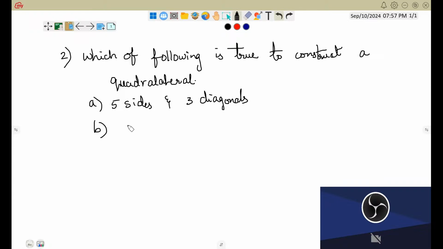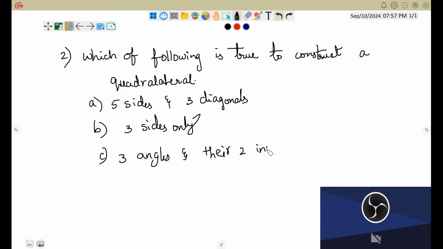The first one is 5 sides and 3 diagonals. Option B is 3 sides only. Option C is 3 angles and their 2 included sides. And option D, 2 diagonals only.